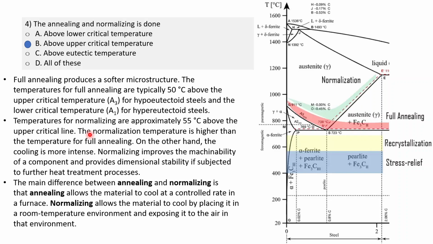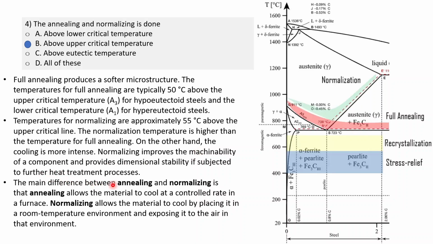Normalizing improves the machinability of a component and provides dimensional stability if subjected to further heat treatment processes. Normalizing forms fine pearlite basically, and it also reduces the formation of the continuous layer of proeutectoid cementite.